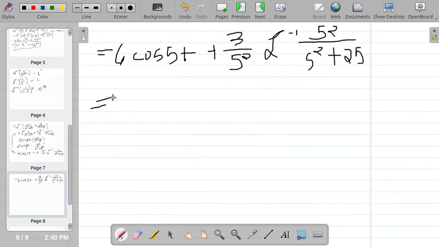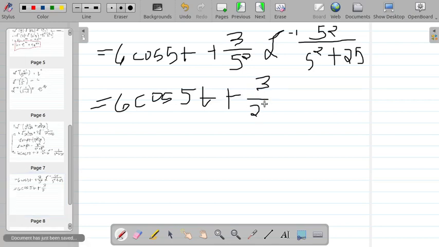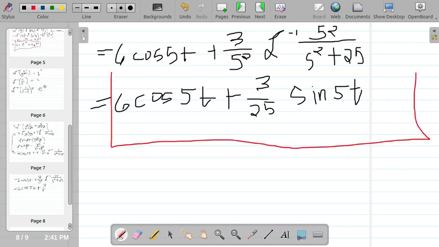So 6 cosine 5t plus 3 over 25 sine 5t. This is the inverse Laplace of the given equation.